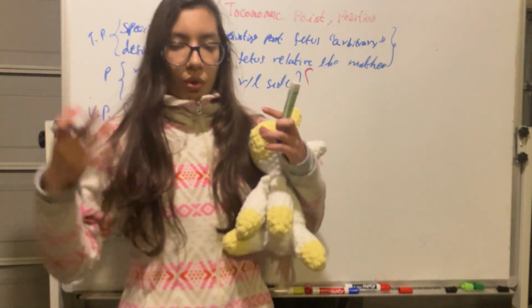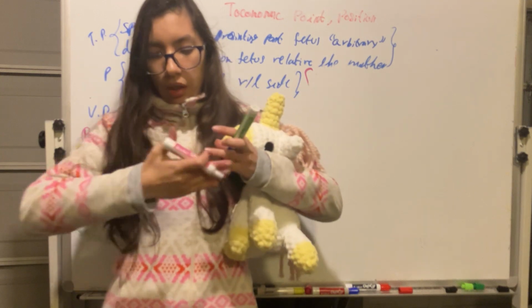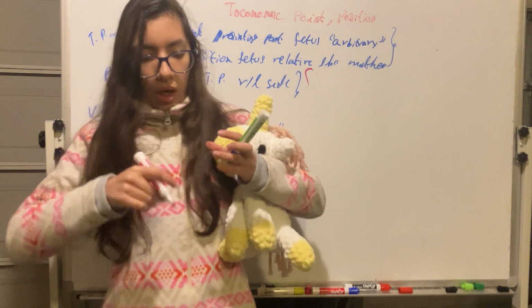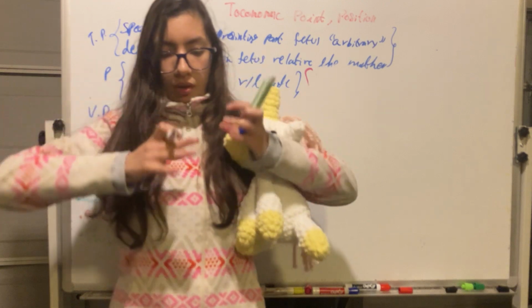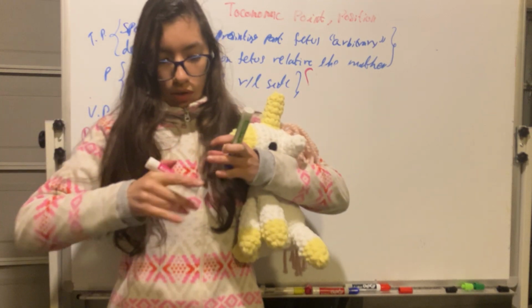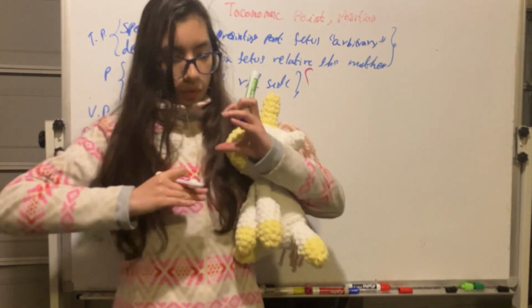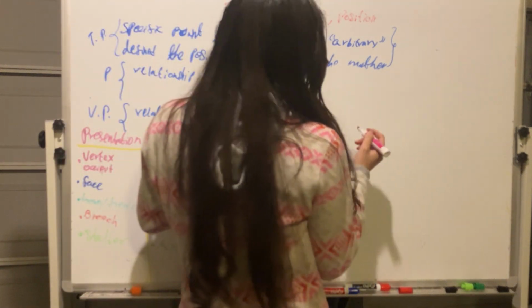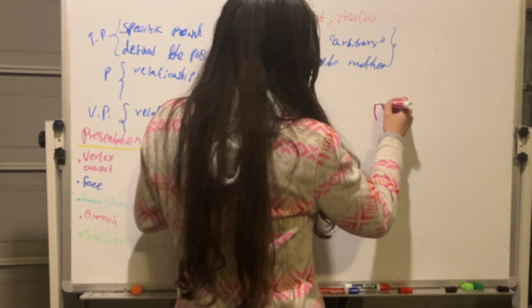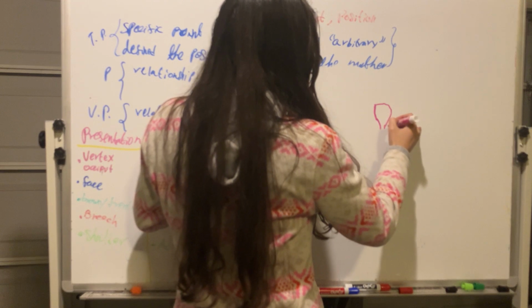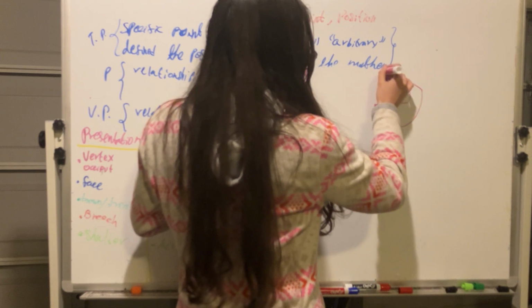The sacrum is going to be here, the wings are going to be here, and the pubic symphysis is going to be here.